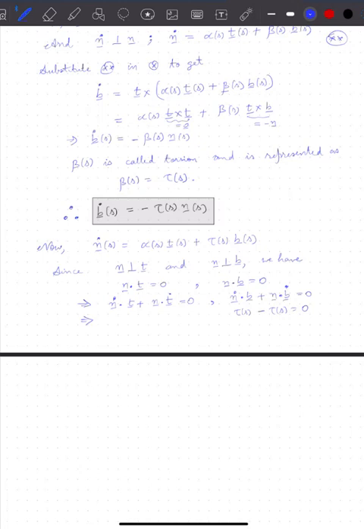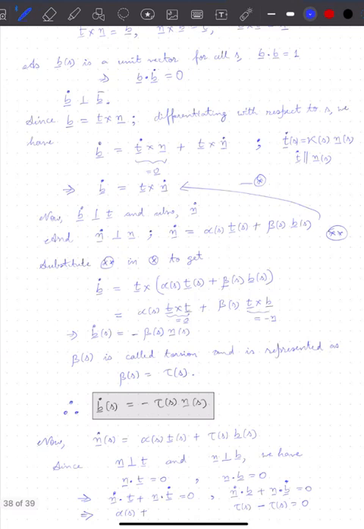So what should we do of this? N dot T is alpha of S plus, and here is the main point, N dot T dot.